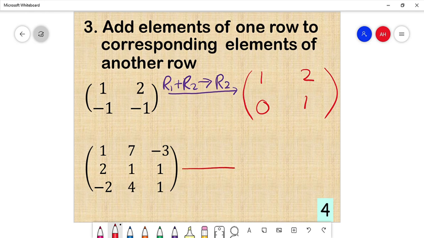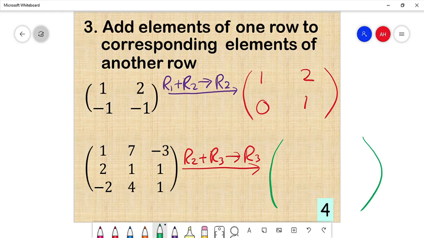Now for this matrix, we want to add row number 2 with row number 3, and write down the answer in row number 3 and see what happened. For row number 1, it's still the same: 1, 7 and negative 3. For row number 2, also still the same: 2, 1 and 1. Now row number 3 will be the sum of row number 2 and row number 3.